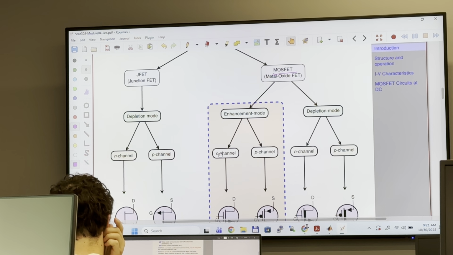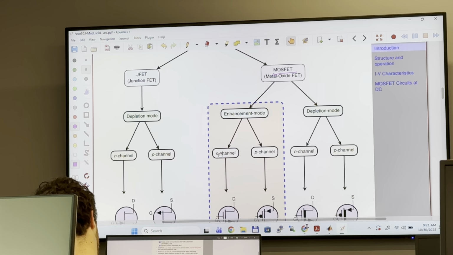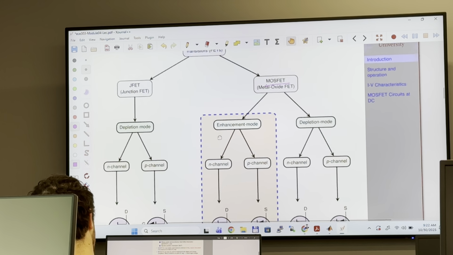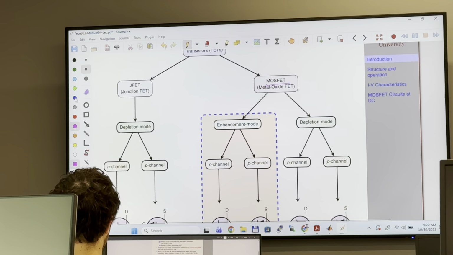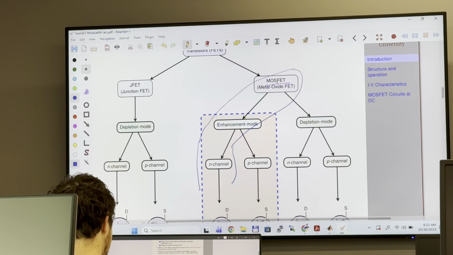But the reason I said that I will be able to finish this chapter today is because I will be focusing on only MOSFET, enhancement mode, P-channel.